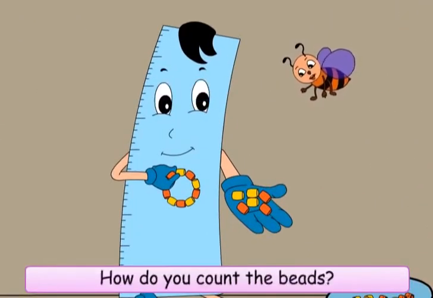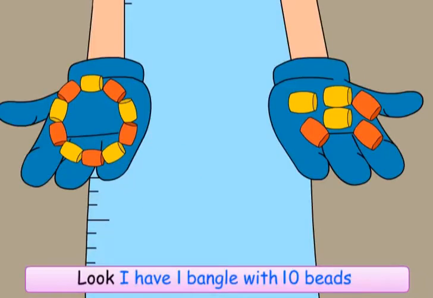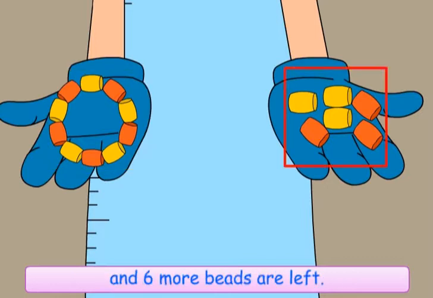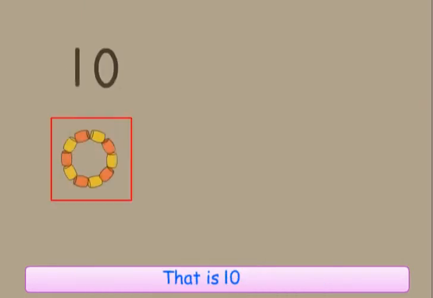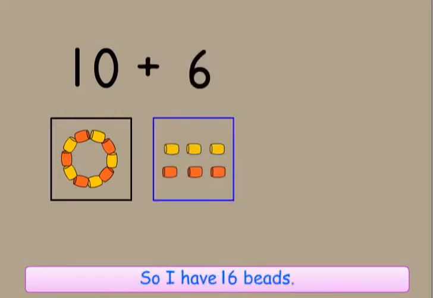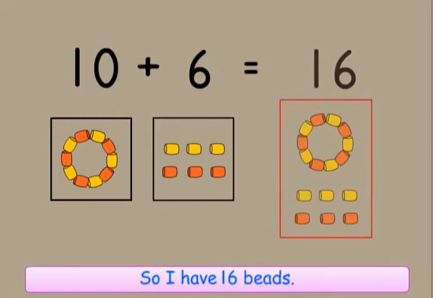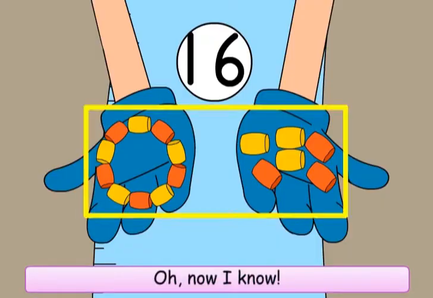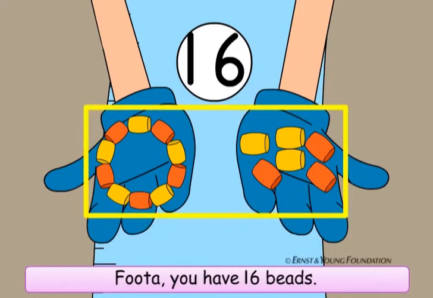How do you count the beads? Look, I have one bangle with 10 beads and 6 more beads are left. That is 10 plus 6. So, I have 16 beads. Oh, now I know. Futa, you have 16 beads.